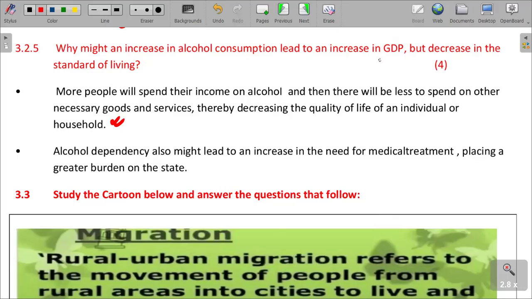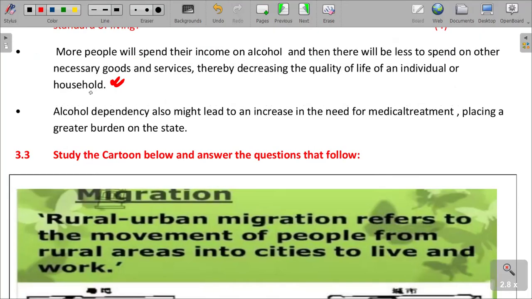Hence, we need to increase the supply and the production of alcohol, which is another functional sector taking place in terms of production. More production of alcohol because of consumption, but a decrease in quality of life because more money is being spent on alcohol alone, rather than improving the quality of life of the people.